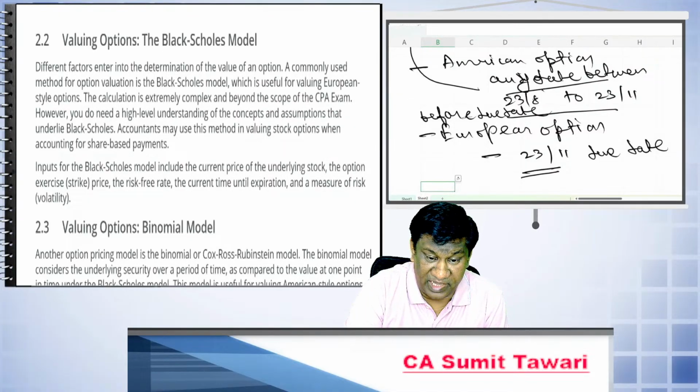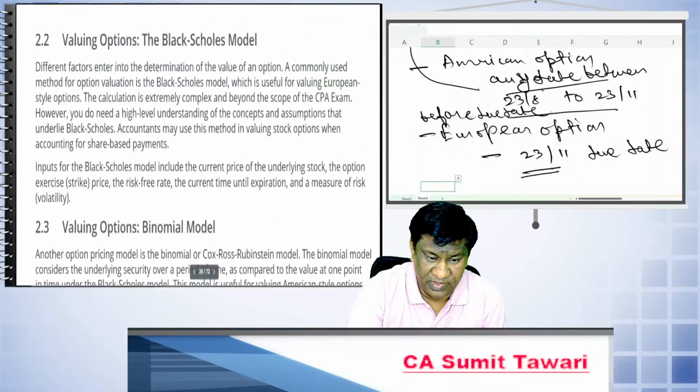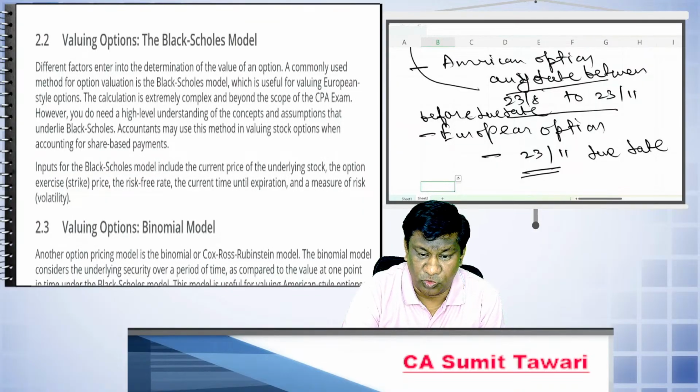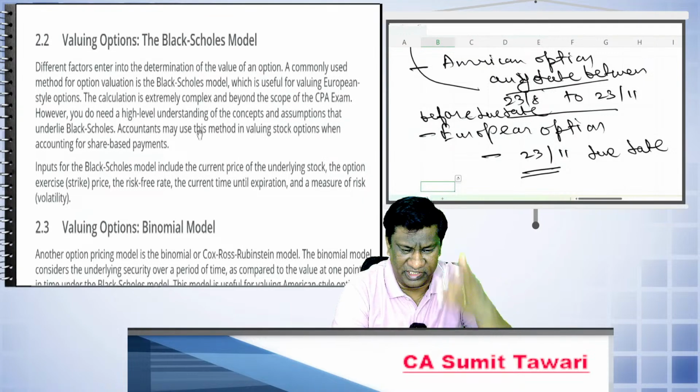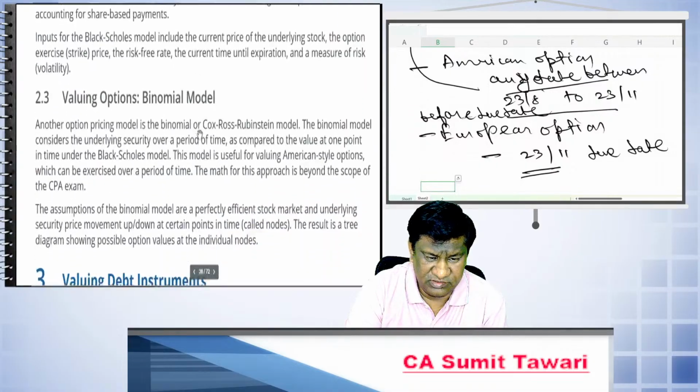Then Black-Scholes model. So it is quite complicated actually, and it is beyond the scope of the CPA exam. So we should not. If required, I can prepare tomorrow and I can explain because I already studied this. Okay.